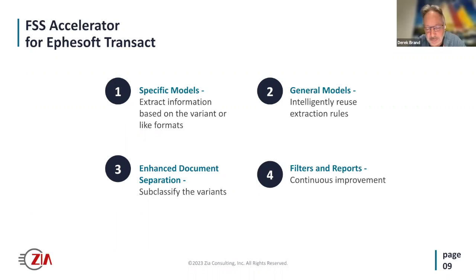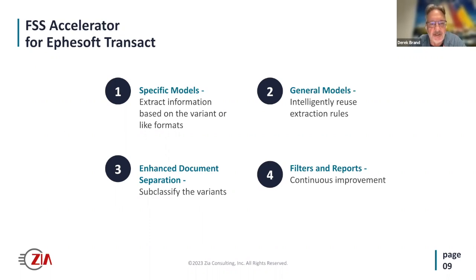both header and tables. And once we've done that, that will pass through Transact, but it will always stop for manual review. So the downside of not having a specific template or a general format classification is that they will all stop. But typically 80% plus of the time, the reuse rules have actually extracted the correct data. So there's very little that needs to be changed by the operator.